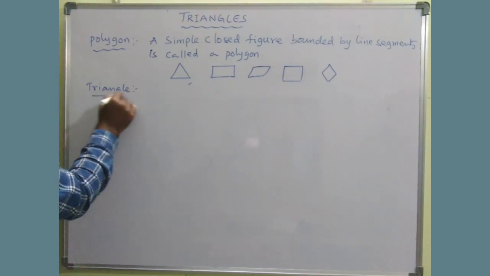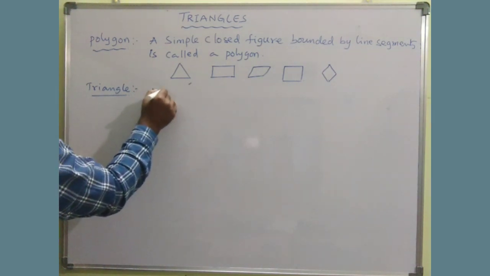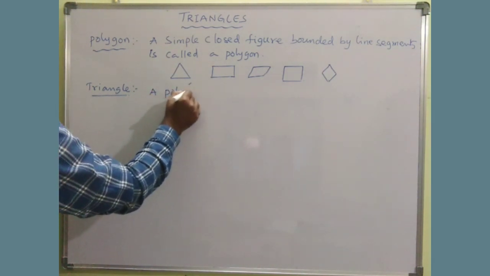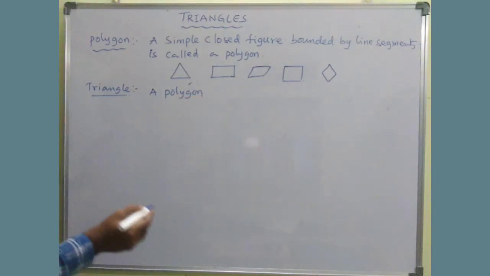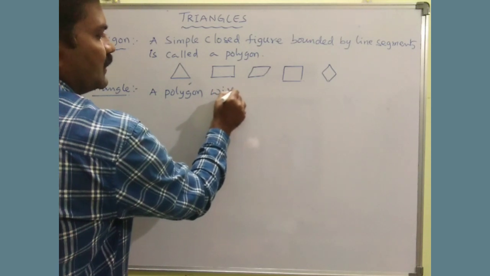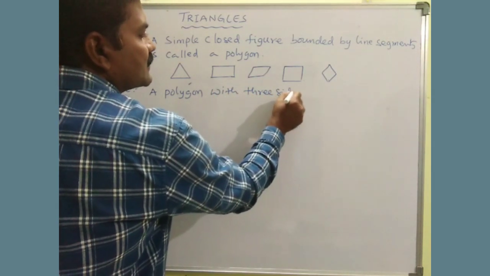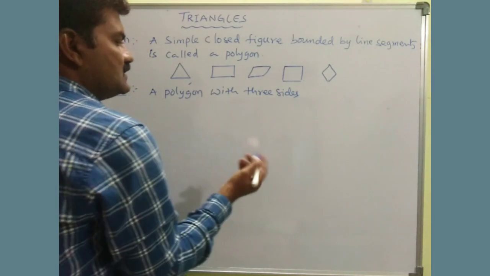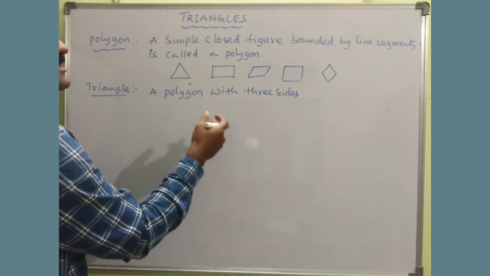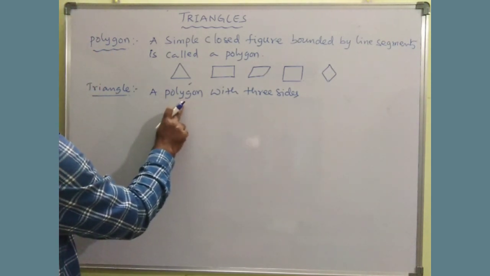What is a triangle? A polygon with three sides. See, here I am not mentioning the word closed figure because I already mentioned polygon.